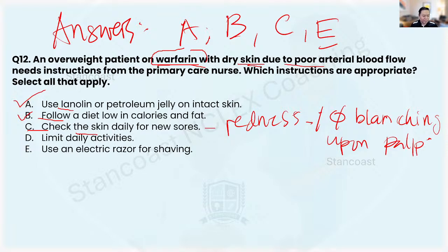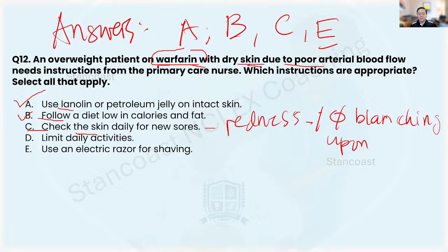Do we get any points for the correct options? Of course. This is select all that apply. Yes. So guys, with the select all that apply test question, all the correct options that you answered will be scored. So let's say, for example, we have 5 options here, and there are 4 correct options. So it depends on the NCLEX. Let me do a calculation here really quick.